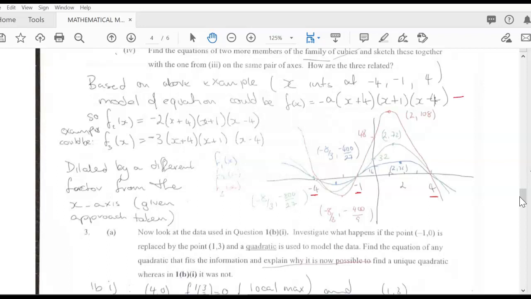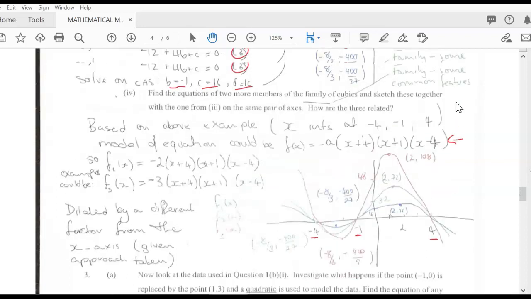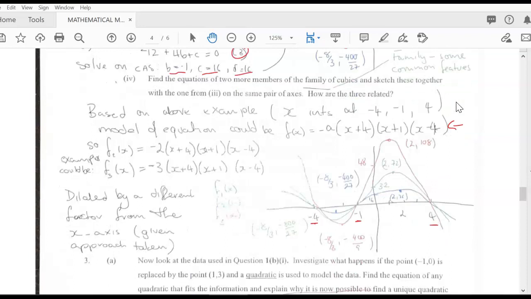You can see in factorized form, we're going to have this. I didn't point that out before, that your x-intercept was at -4. So we're going to keep it in factorized form: x plus 4, x plus 1, and x minus 4. And we're just going to have different values of a. We know that a is just going to dilate the graph from the x-axis.